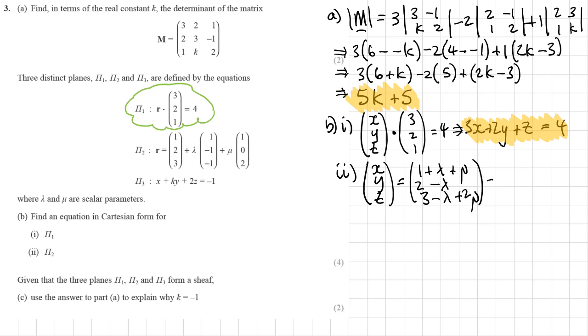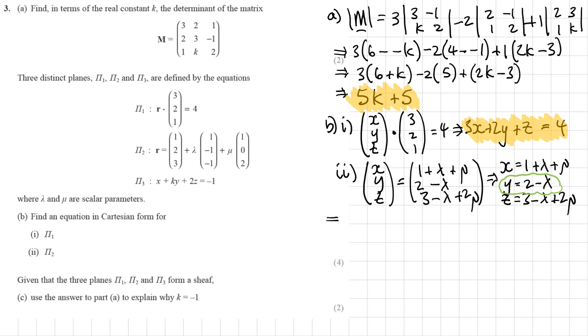Now what I can do now is to say that x is equal to 1 plus lambda plus mu, y is equal to 2 minus lambda, and z is equal to 3 minus lambda plus 2 mu. So what I need to do is to eliminate mu and lambda. So I'm going to start by taking this equation here, the one for y, and rearranging it to make lambda the subject.